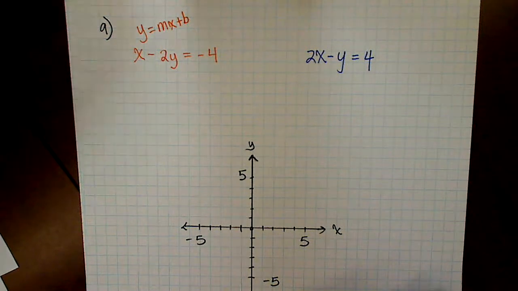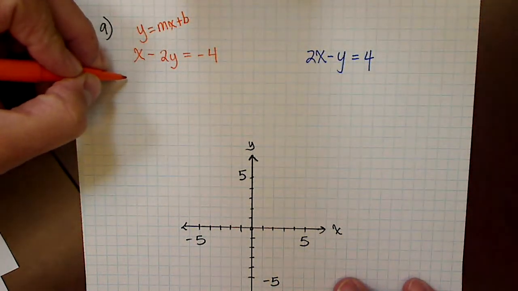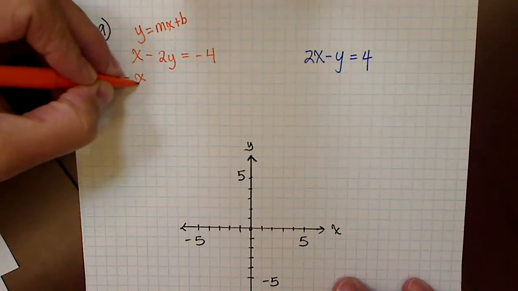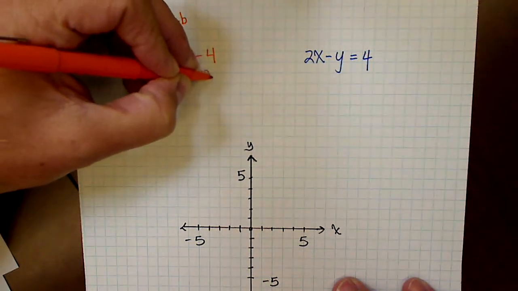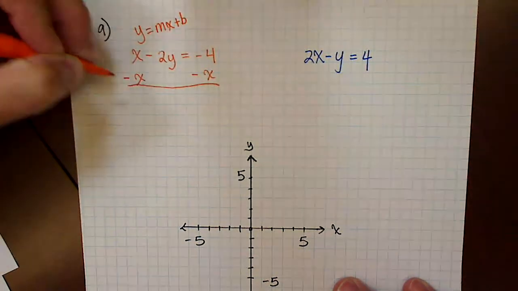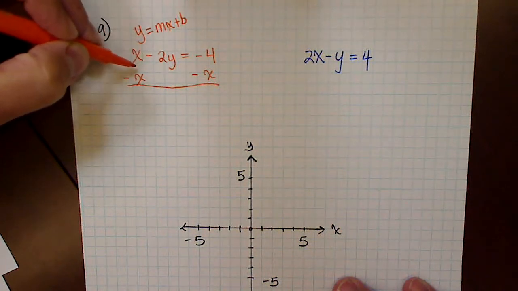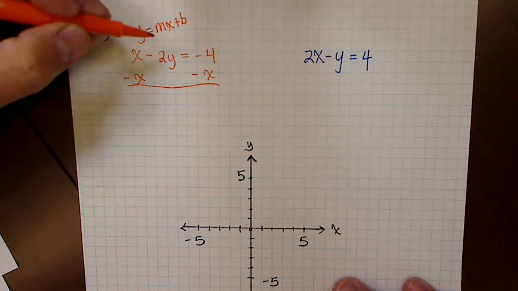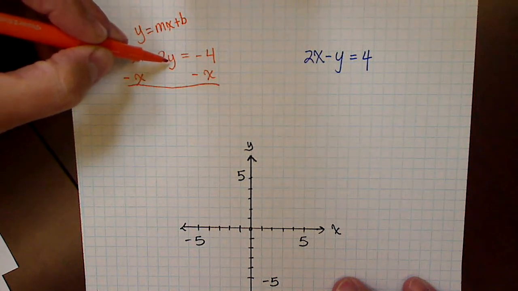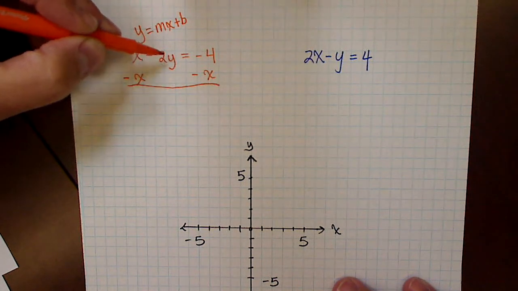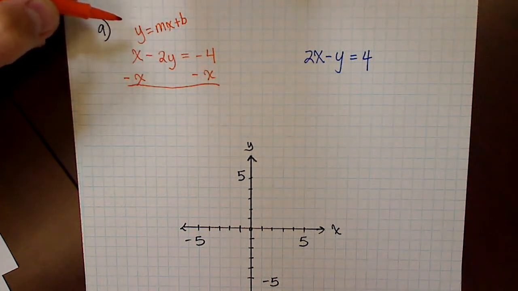So I need to unscramble it. To do that, I'm going to move this positive x to the other side of the equal sign by adding the opposite and eliminating the x on the left-hand side. That will leave me with y isolated or closer to being by itself.